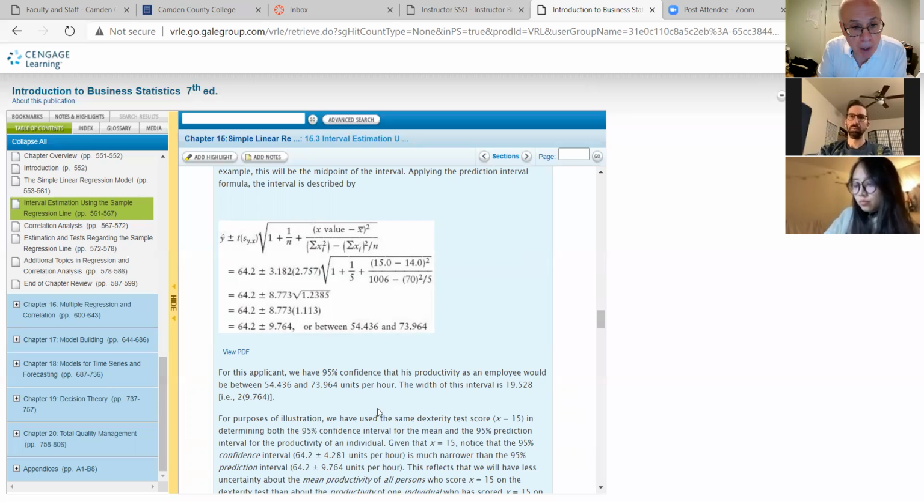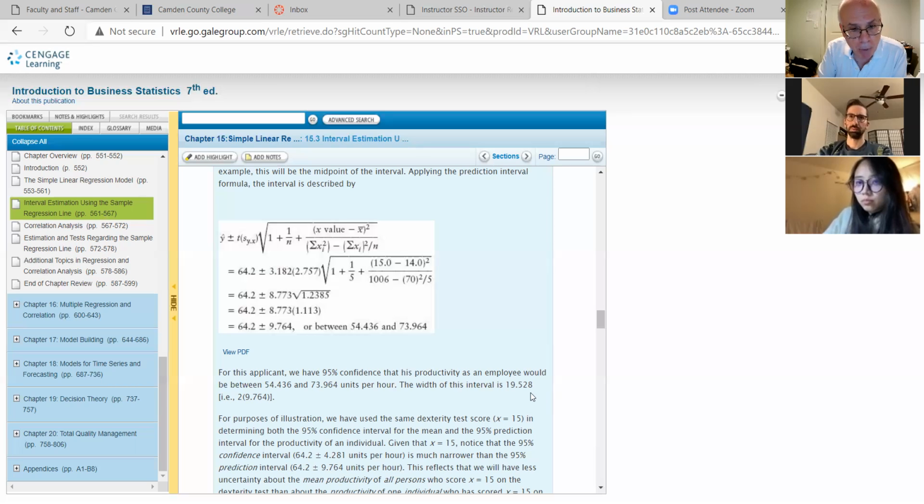But anyway, it would have to be exactly the same X value that's used, and we would look at their Y's over and over again, and then we come up with this. And this would be an estimate here. This range here would be an estimate of what we would think they would score over the long term.